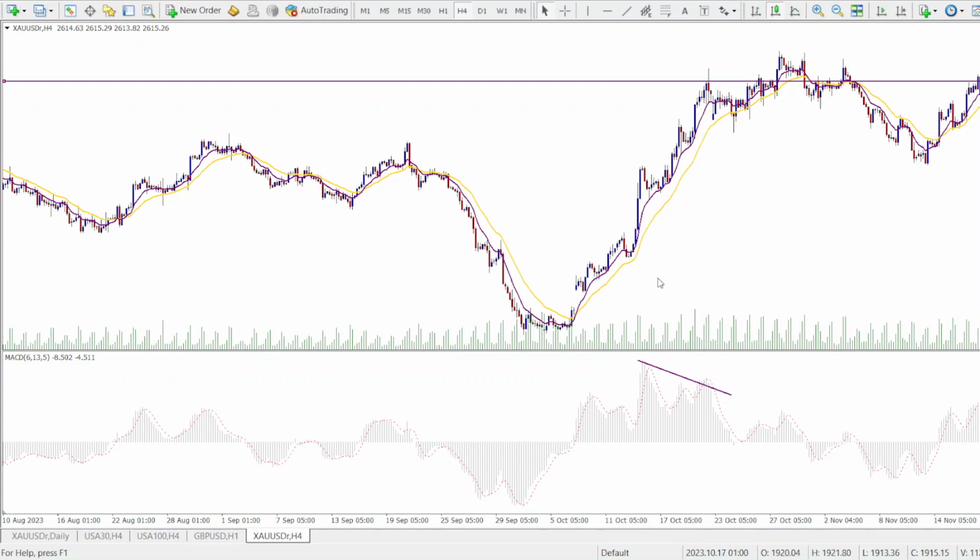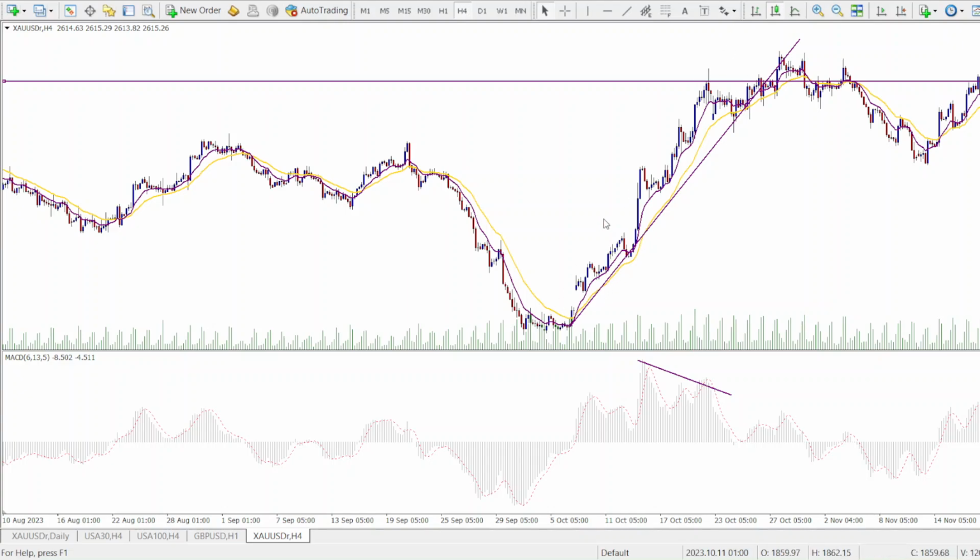We have talked about divergence in previous videos, but let's give examples about divergence again in this video with respect to bearish reversal. So in this situation, we can see that the MACD was making lower highs, but the price of the asset was making higher lows and higher highs.